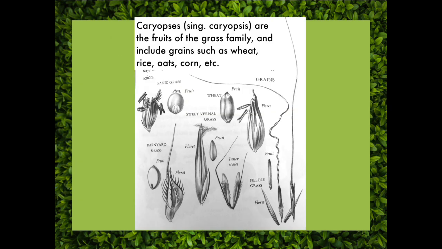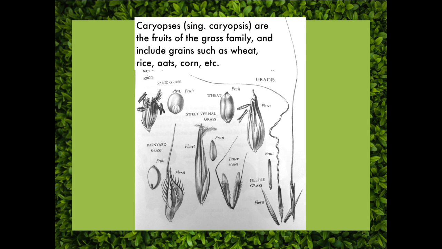Caryopses are the fruits of the grass family. So all of our grasses, including the grass in your lawn that you mow, typically we mow our lawn in order to prevent it from producing flowers and fruits. But many of our most important grains, in fact, all of our grains that we typically use, are members of the grass family, and the grains that we eat are caryopses.